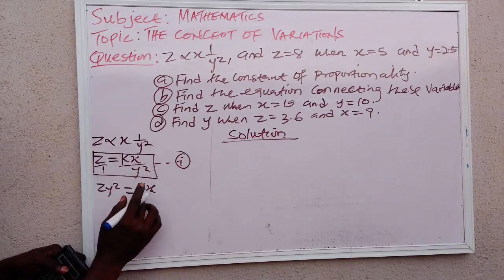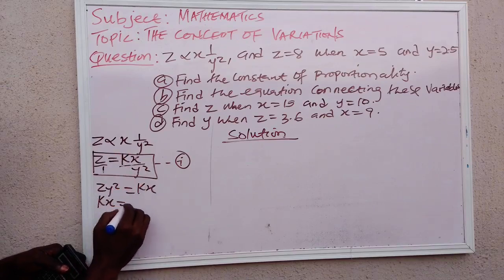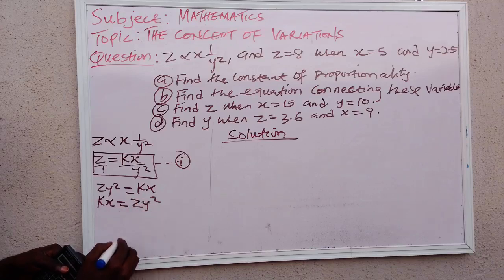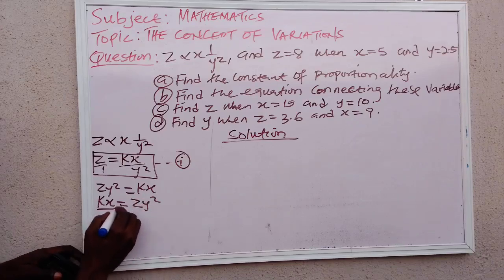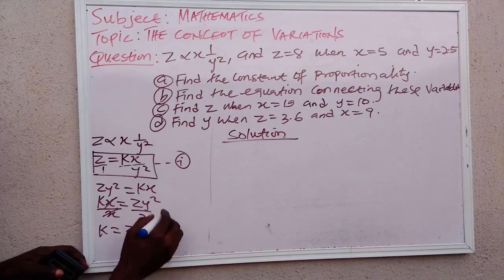Since I'm making k the subject of the formula, I have kx equals zy squared. So divide both sides by x. What we're going to have is k equals zy squared over x.